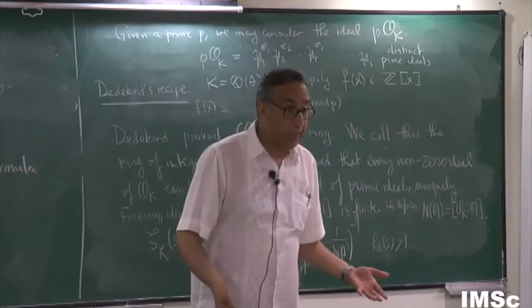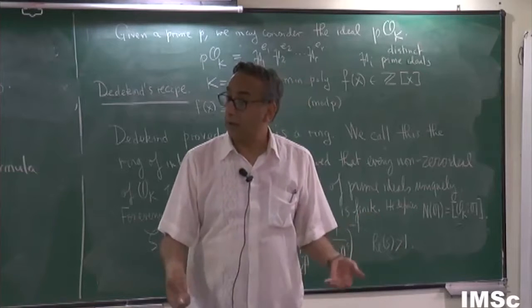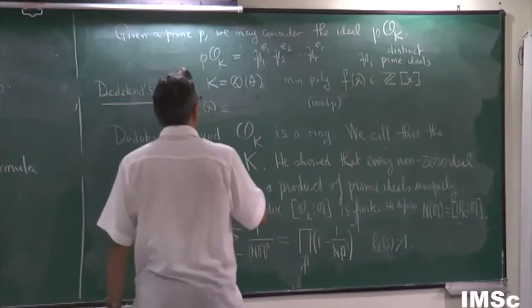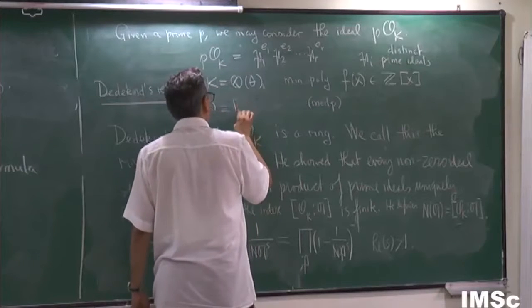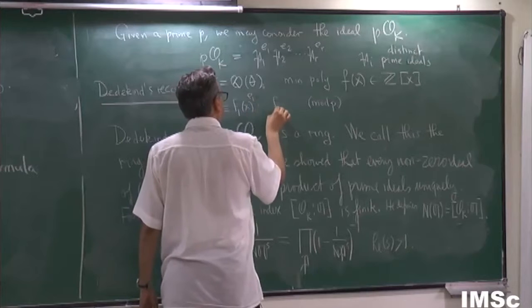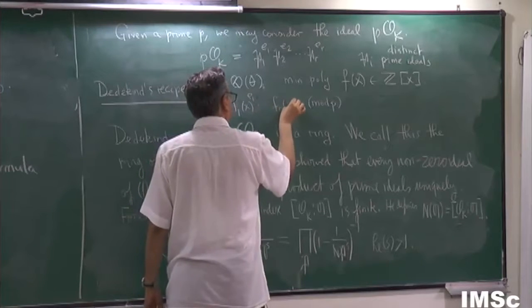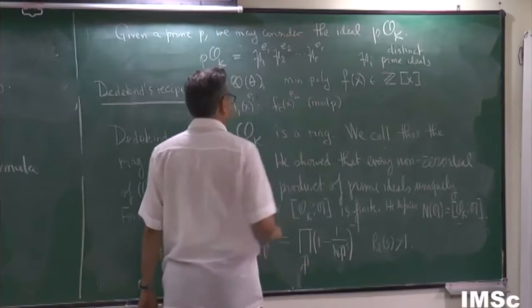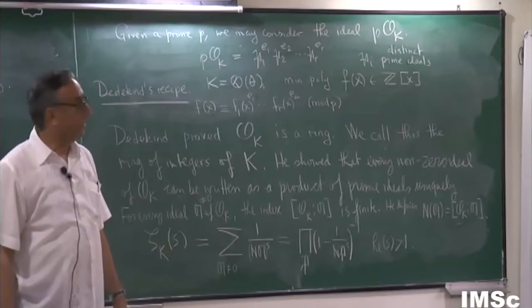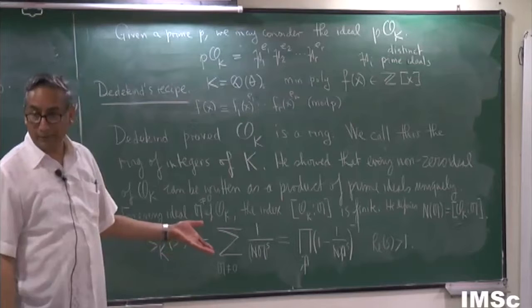It's a Euclidean domain, therefore you can factor it as a product of irreducible polynomials. I deliberately use the same symbols. So factor it as a product of irreducible polynomials.